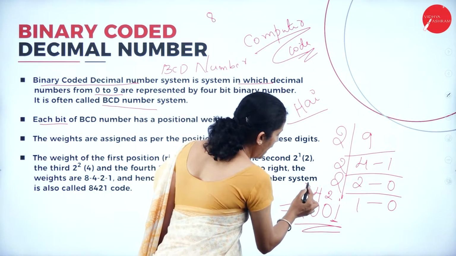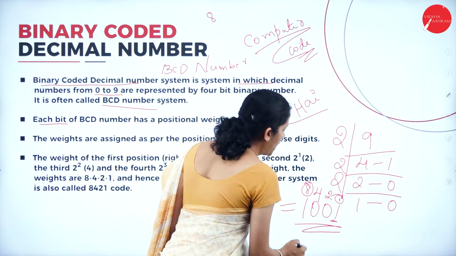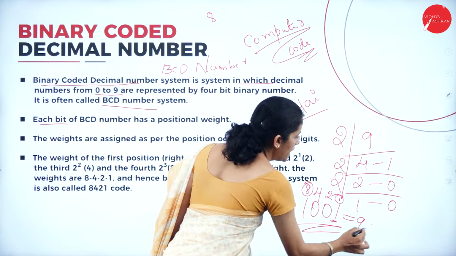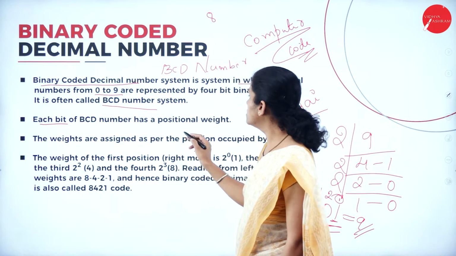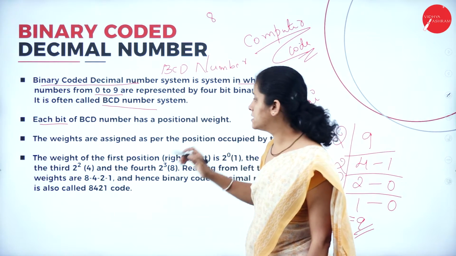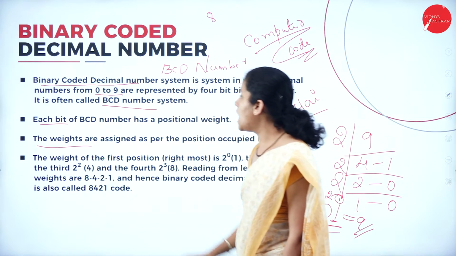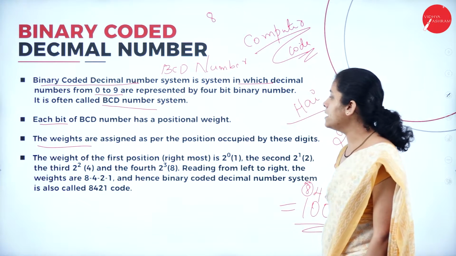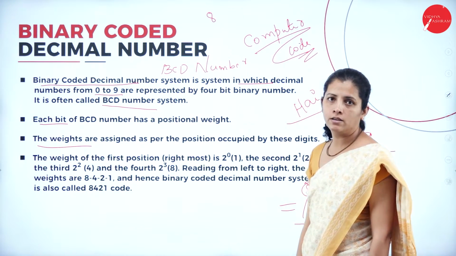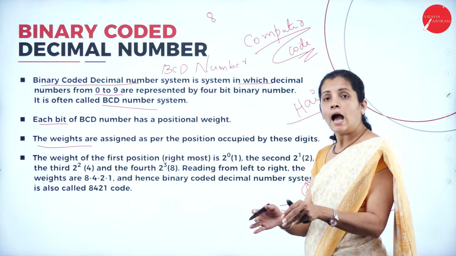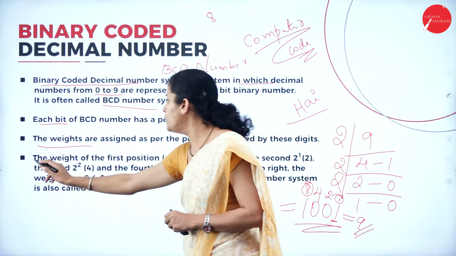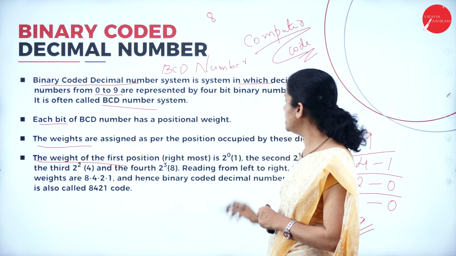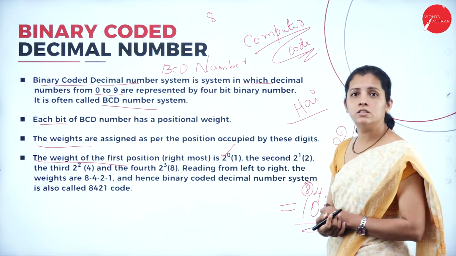So 8 plus 1 is 9. So in BCD each position has weights. The weights are assigned as per the position occupied. The weight of the first position is 2 to the power 0.